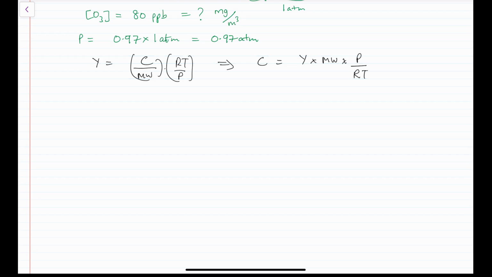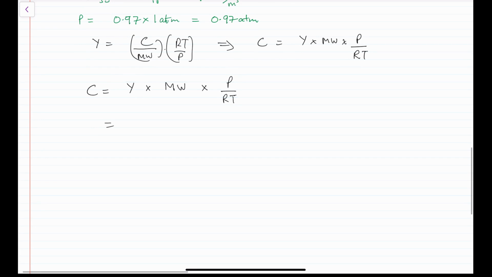So now let's see, we want to calculate C. So we substitute each of these things. We are given 80 parts per billion. Okay, let's do it slowly, and I will write everything with all the units.